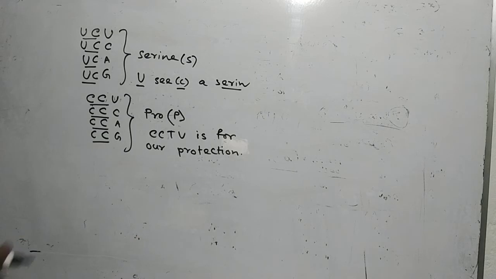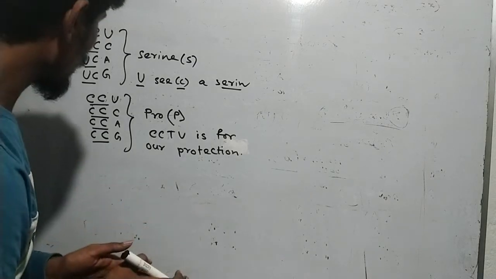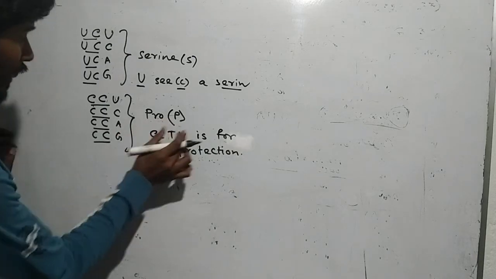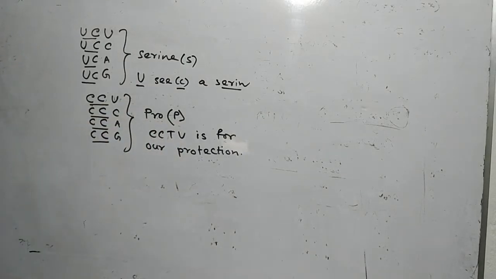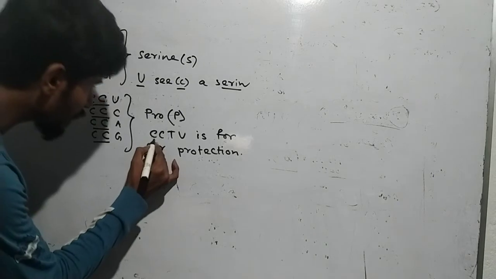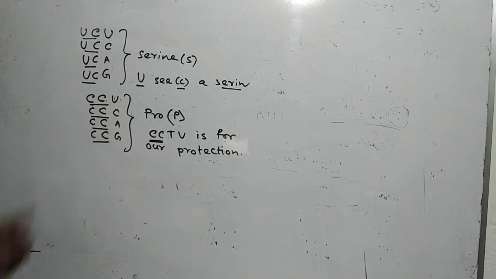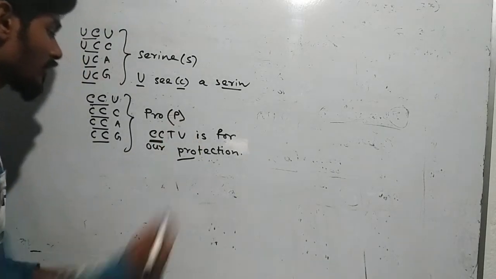Okay, and that helps to catch the men who are guilty. Now proline actually is encoded by these codons. And how can you remember this? Whenever the first 2 letters or first 2 bases will be CC, you will have this pro means proline.